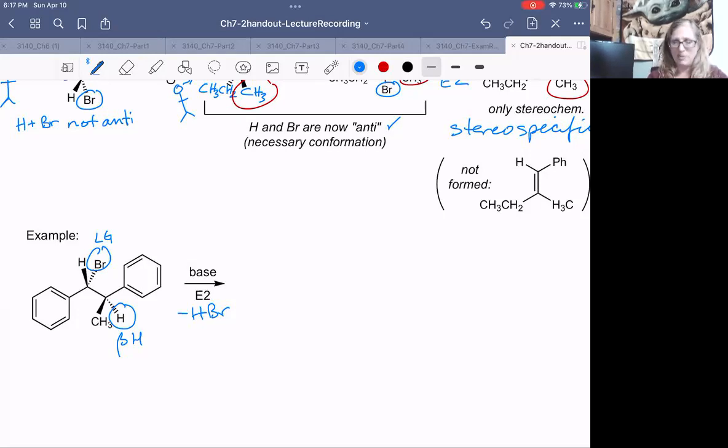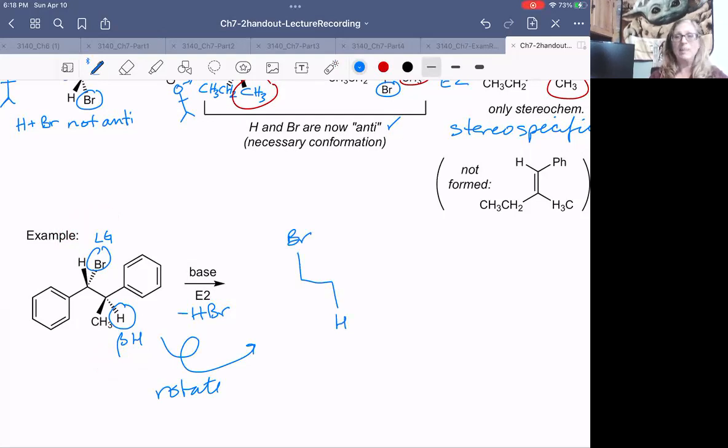They're both in dashed positions. So what we have to do is rotate about that bond to get them anti. The simplest rotation in this case, since the bromine is kind of pointing up towards the top of the page and the hydrogen's down towards the bottom of the page, the least amount of rotation to get them anti to each other would be to have the bromine up and the hydrogen down.